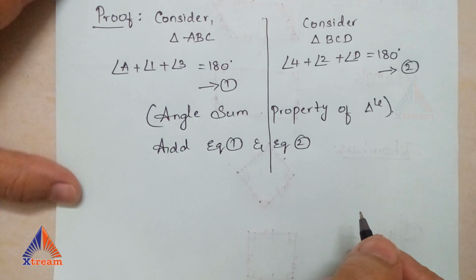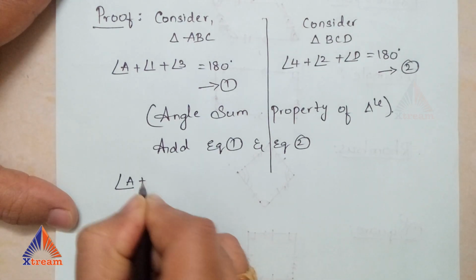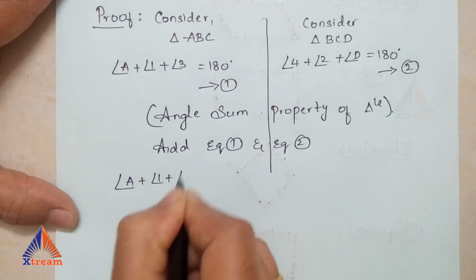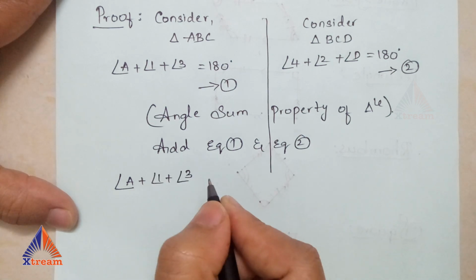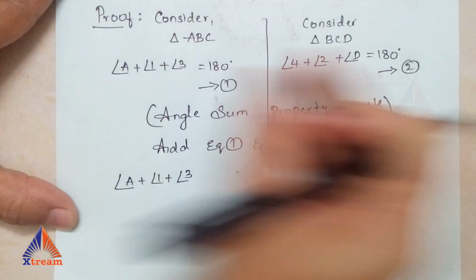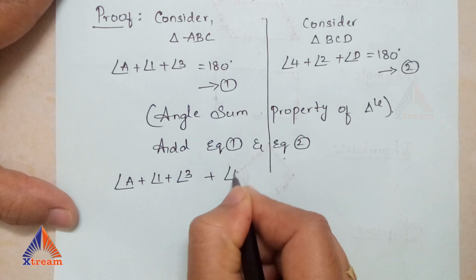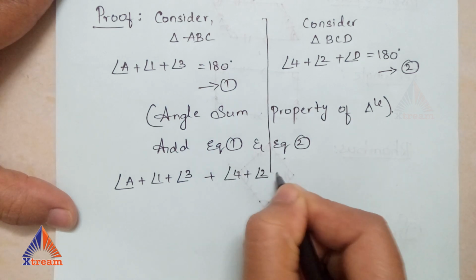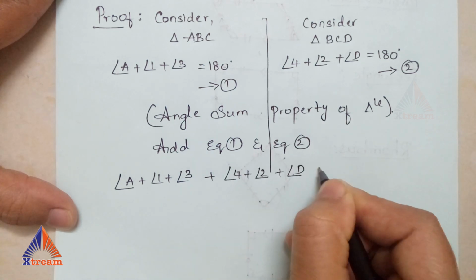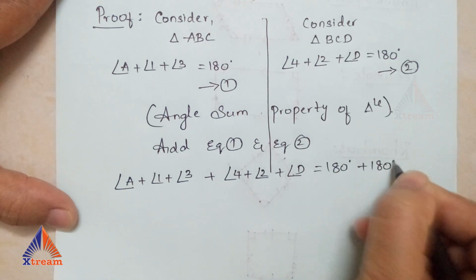So if I add equation 1 and 2, what do I get? Angle A plus angle 1 plus angle 3. See, while adding, you have to add LHS and LHS together, RHS and RHS together. Plus angle 4 plus angle 2 plus angle D is equals to 180 degrees plus 180 degrees.